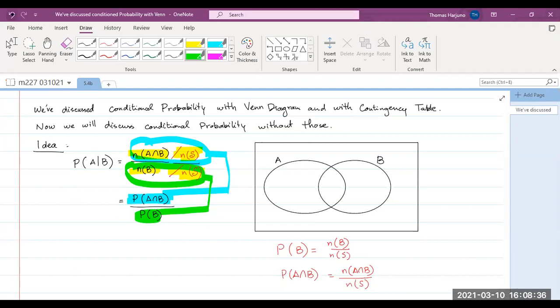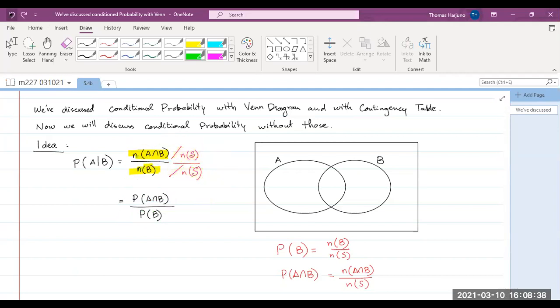Now of course there are assumptions in between that I have a hard time explaining in more detail, but for now we can have that feeling that we can use this formula. Now we have that conditional probability formula.